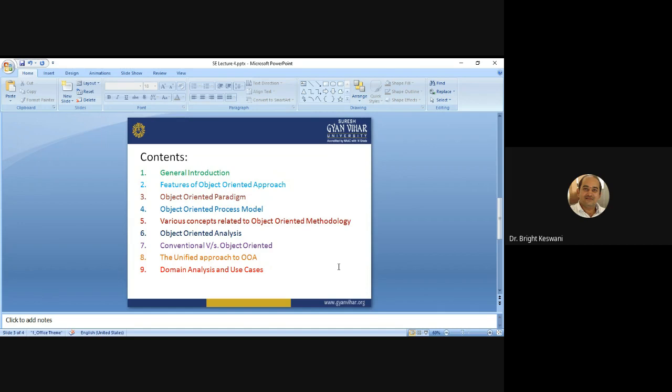Then we will discuss object-oriented analysis, which is another most important topic. In the previous class we had discussed object-oriented designing, and in this class we will discuss object-oriented analysis. Then we will discuss the difference between the conventional approach and the object-oriented approach.